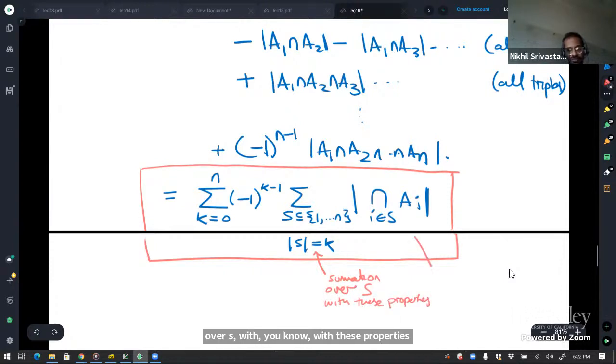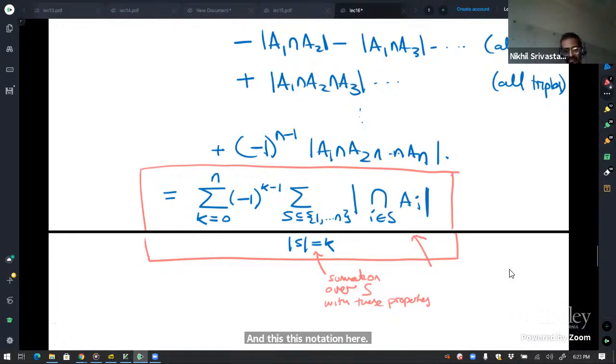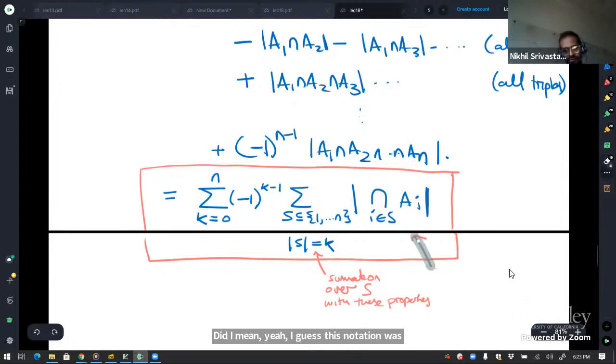And this notation here just means the intersection of A_i for all i in S. I guess this notation was introduced in chapter 2, so I don't have to introduce it again. So any questions about the statement?